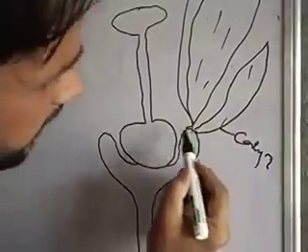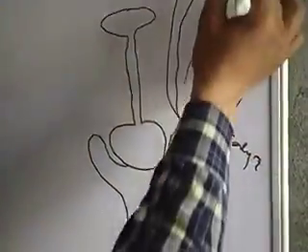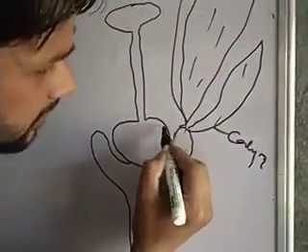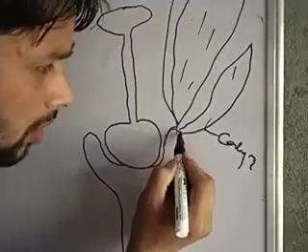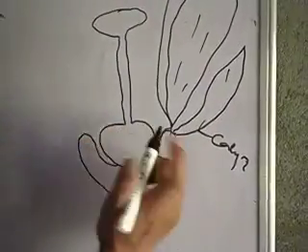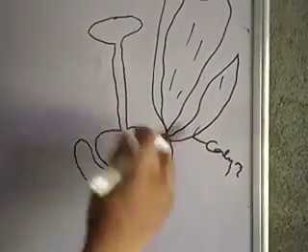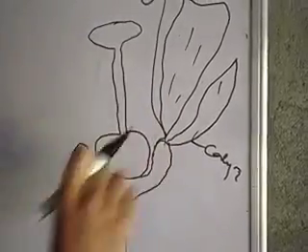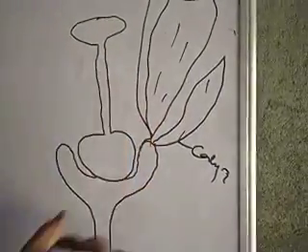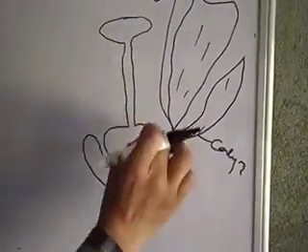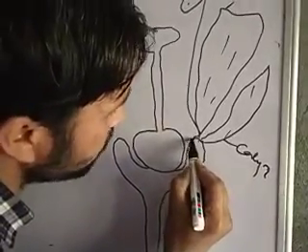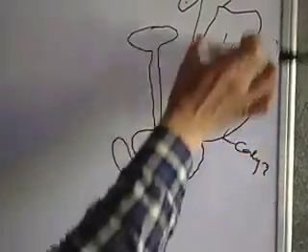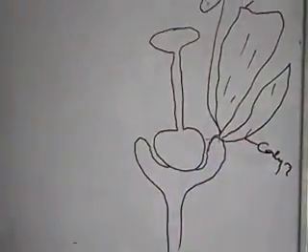These floral appendages are arising from the rim of the thalamus, and this rim is situated at the center of this ovary. That's why it is half inferior or half superior, or partially inferior or partially superior.